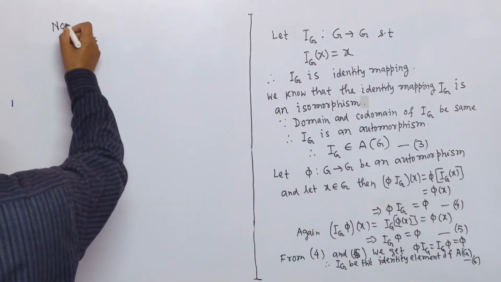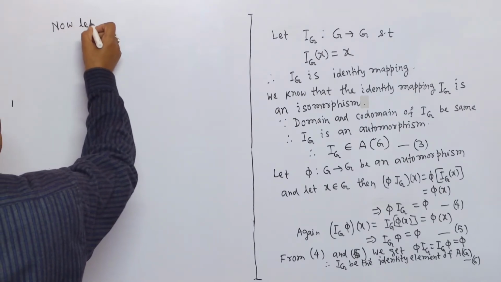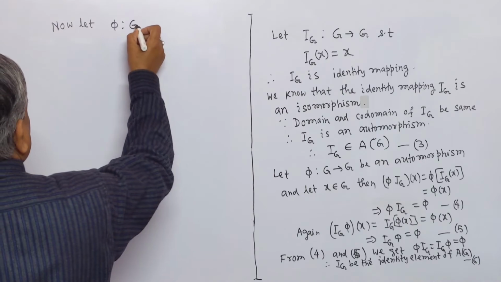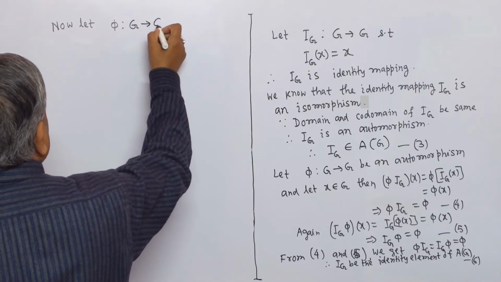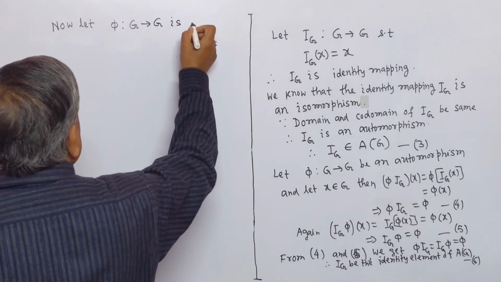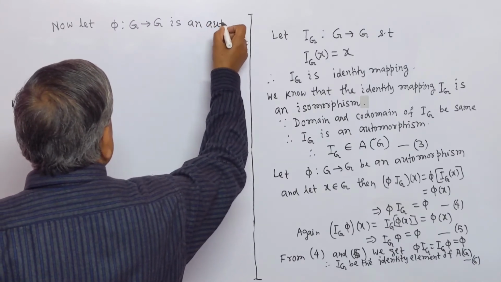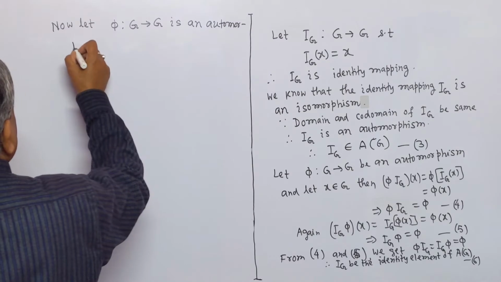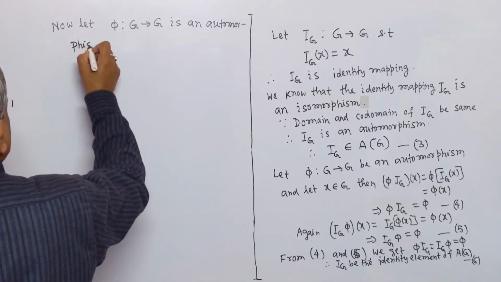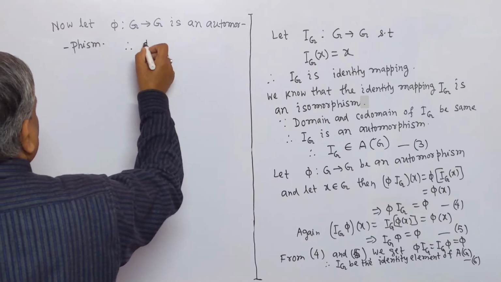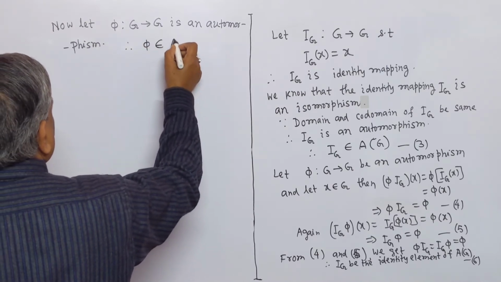Now let phi defined on a group G into G be an automorphism. Therefore phi belongs to AG.